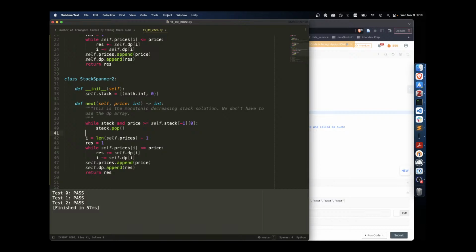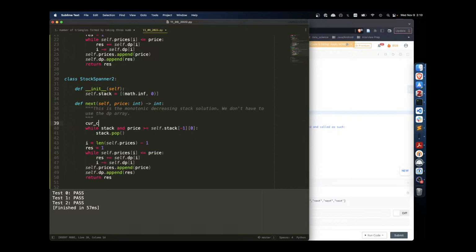Wait, hold on. This and the new one coming in. I can get a count, because the current one coming in will be the last one, since it will pop whatever it can. So the current count equals self.stack[-1][1] plus 1.